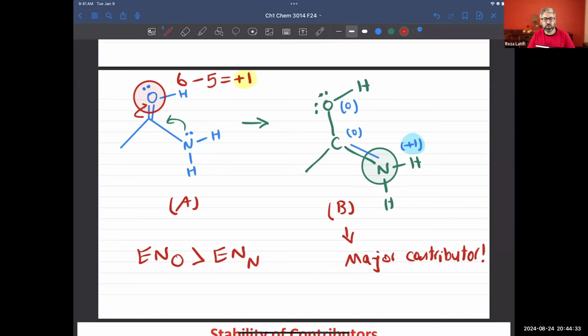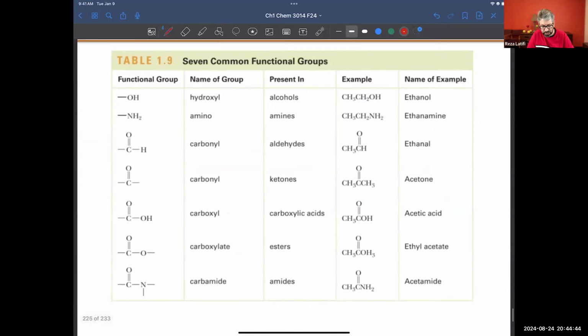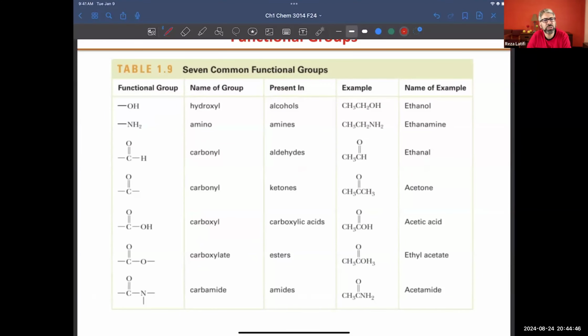I think we practiced enough about resonance structures, how to get the formal charge, and how to make them active. And the last thing from this chapter that I want to mention: in this table, I want you to get used to the functional groups. If you make flashcards for yourself and learn the functional groups, it's going to be really helpful to understand what type of chemical reaction you're dealing with.